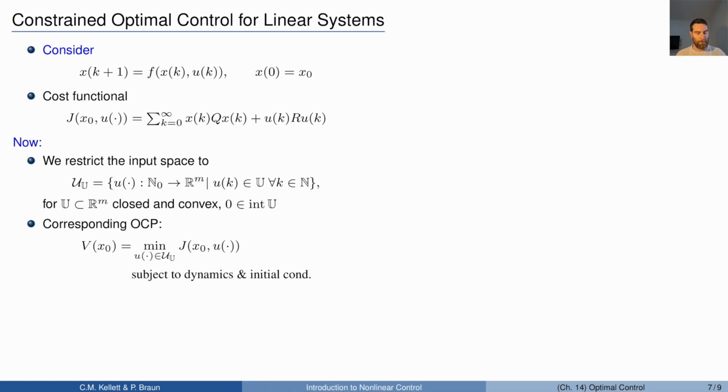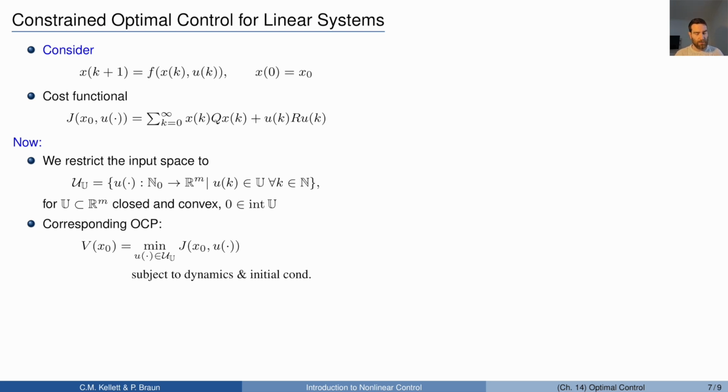Okay, how can we use that now? We can use that principle of optimality to incorporate input constraints, for example. So let's start with the discrete time setting, taking a discrete time system and a corresponding cost functional, here on the example of, again, quadratic costs.